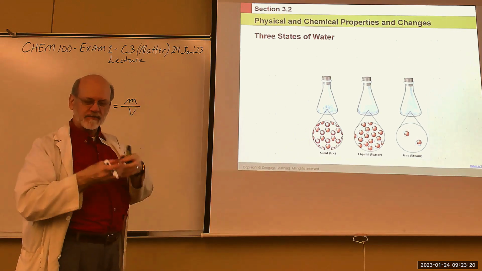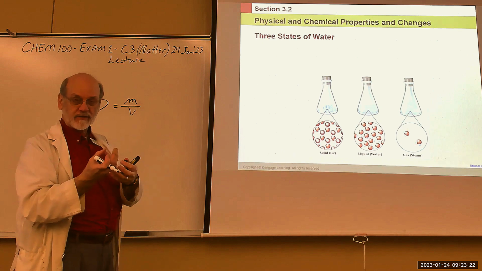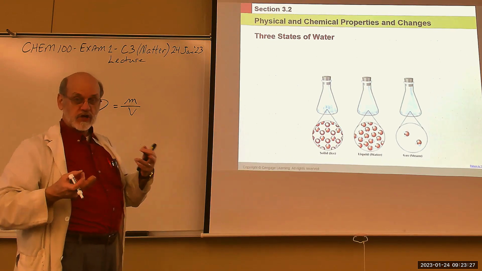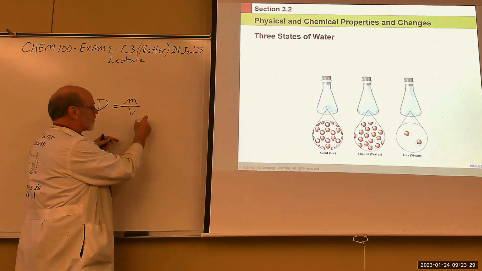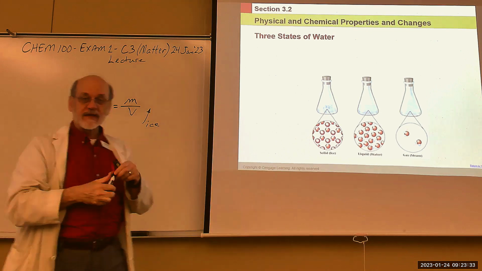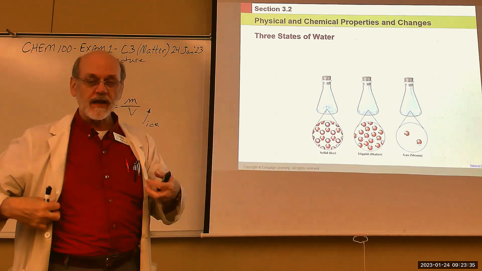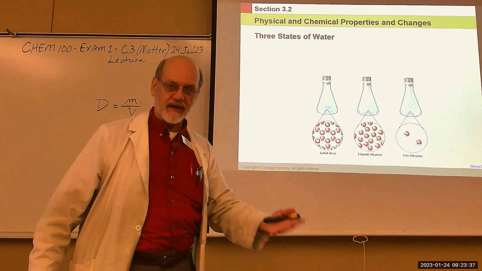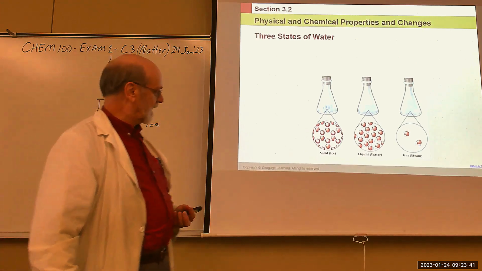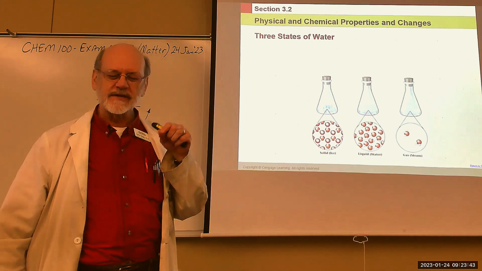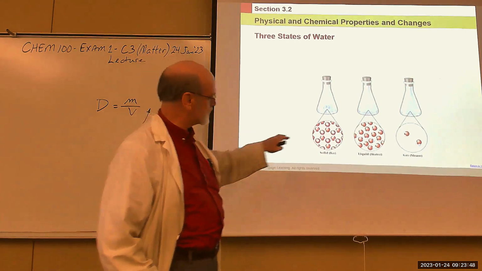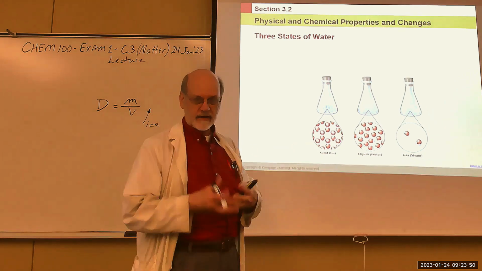If we have a sample of liquid, a certain amount, and it freezes, the mass didn't change. The volume changed. And the volume increases as we go to ice. So what that means is that the density of solid water or ice is less than the density of liquid water. And the practical outcome of that is that ice floats. And it floats because of this change in its structure, adding volume.